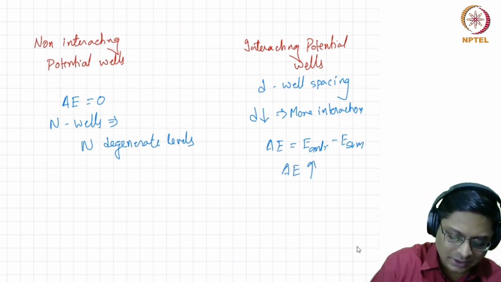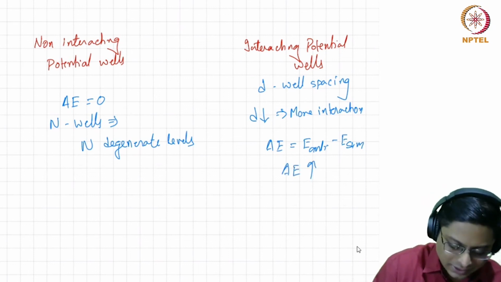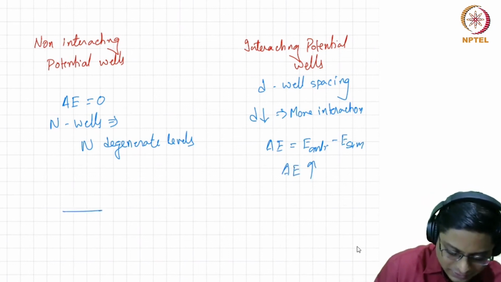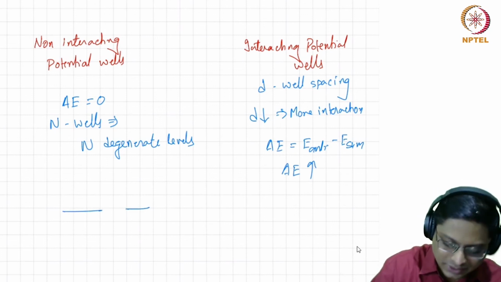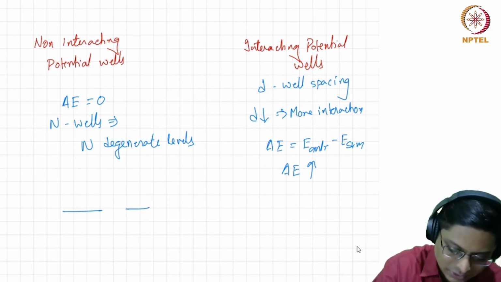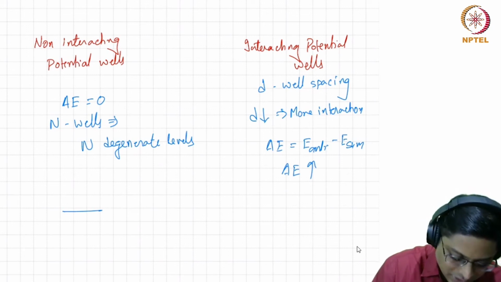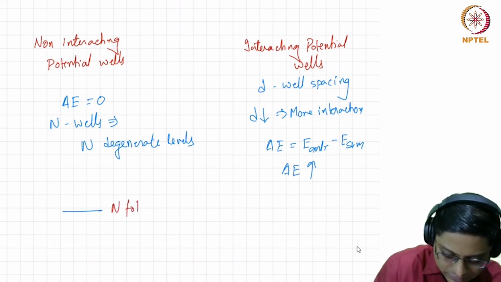That means instead of having, in this case, single energy levels, you'll end up getting, sorry, I should actually draw it on the same line, two levels basically. This is a level, energy n-fold degenerate.